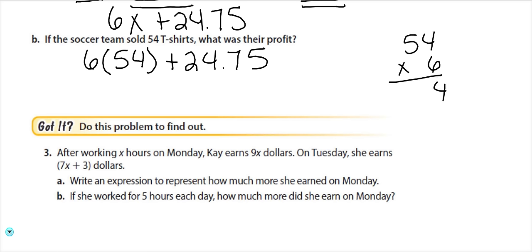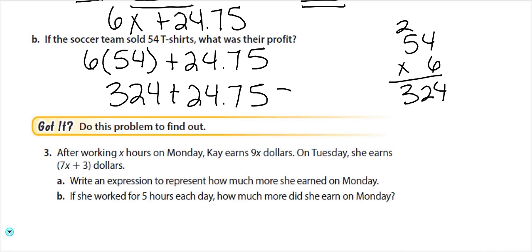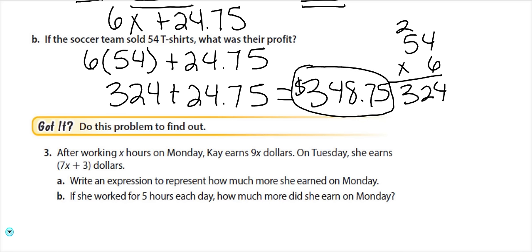That's going to give us 24, and that makes it 32. Okay, so 324. All right, so we're going to have 324 plus 24.75. And that's just 348.75. I'll go ahead and circle that since we ran into that other part.